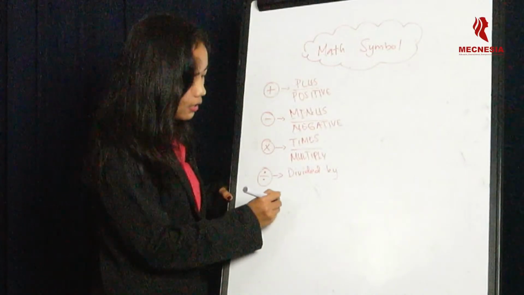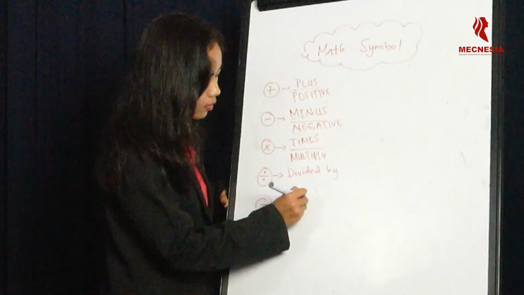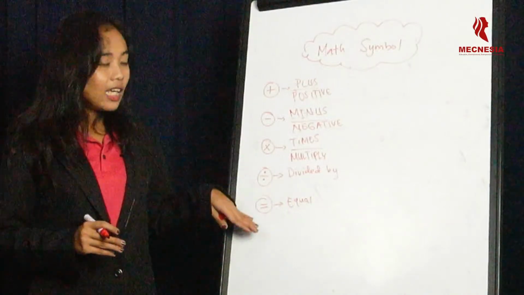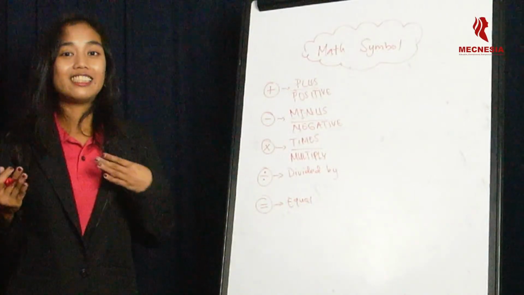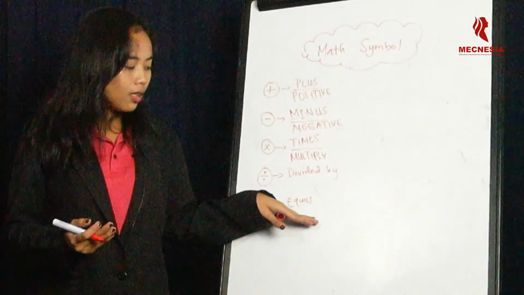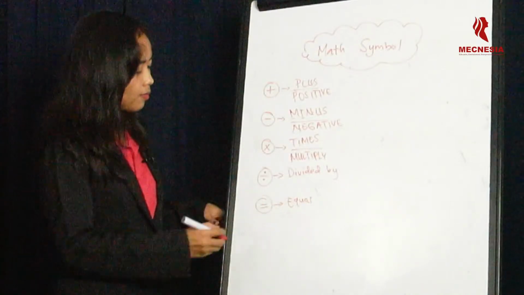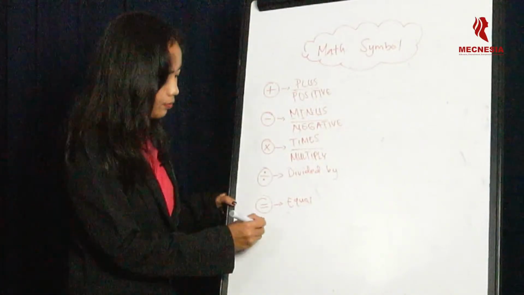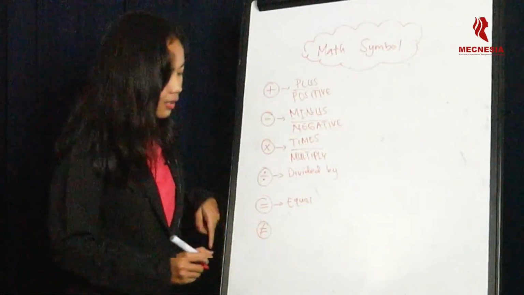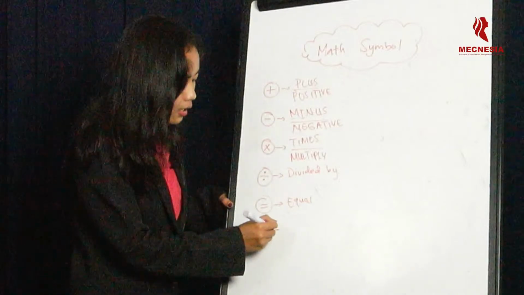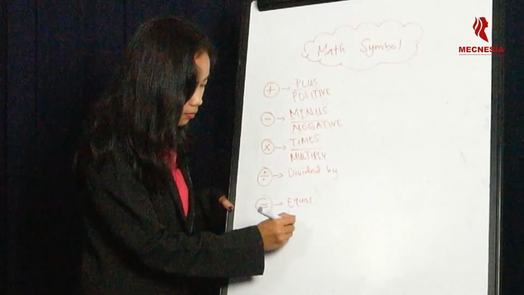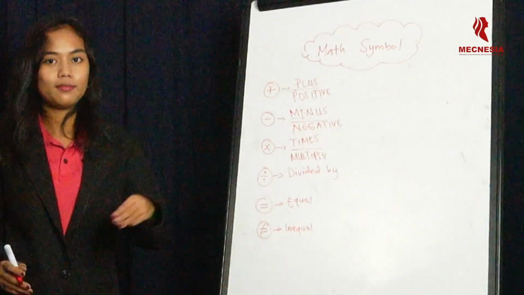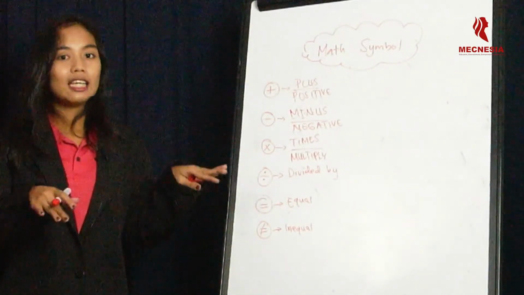Sama dengan is equal. Let's say it together. Equal. Next, after that, we have tidak sama dengan. Tidak sama dengan is unequal. Unequal. One more time. Unequal.